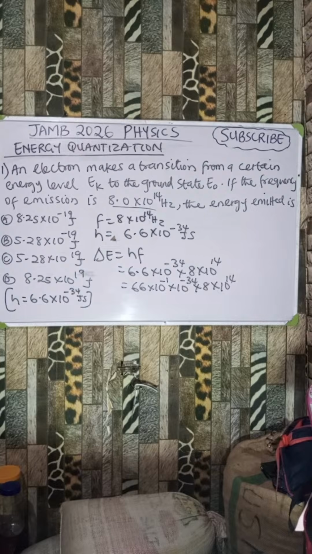Sochima, is that you? Option B, I have an answer. So who else is solving? What do you have, please? You see what I just did? You may wonder how we can solve this question without a calculator. 6.6 can be changed to 66 times 10 raised to the power of minus 1. That way you can multiply 66 by 8 to get your answer, then work on the powers.